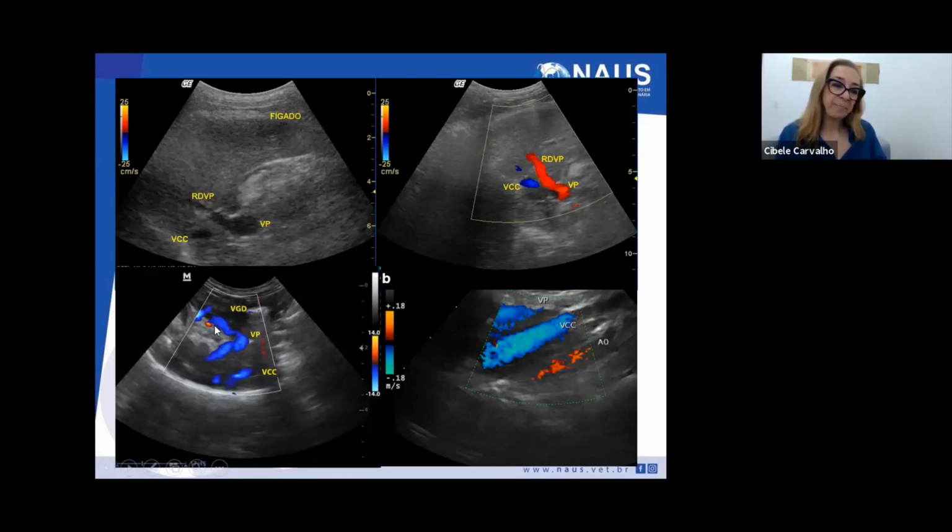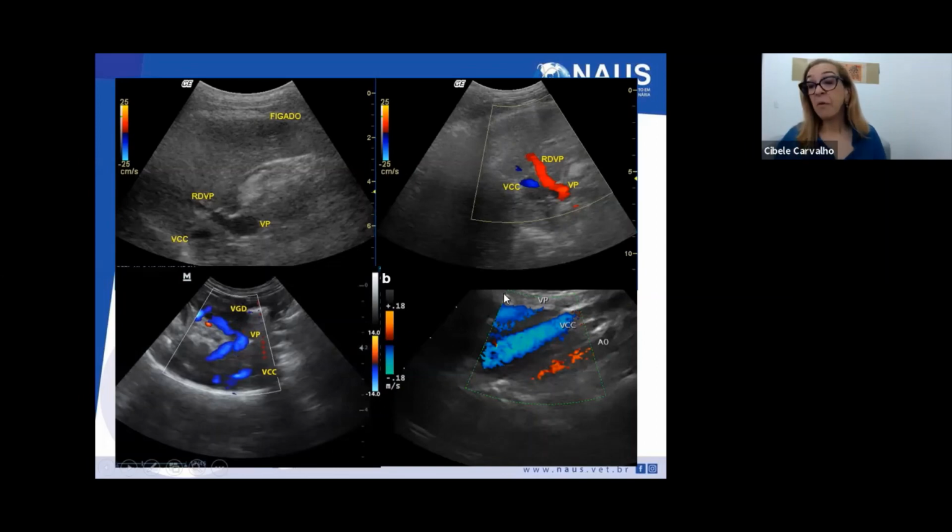And in another angle, we also can see, caudal to this branch, the gastroduodenal vein draining into the main portal vein, okay?